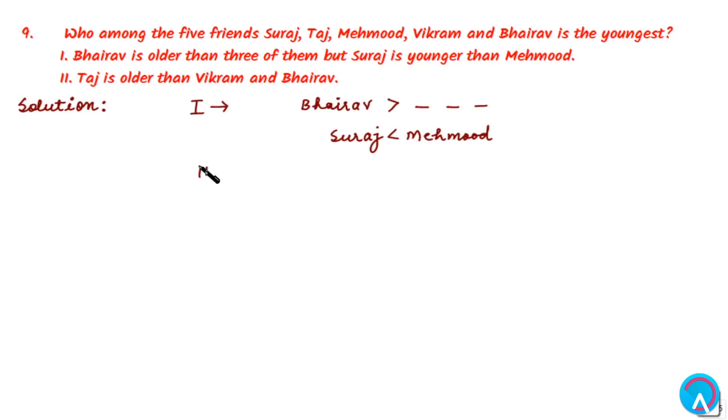Then let's move over to statement 2. From statement 2 we have Taj is older than Vikram and Bhairav. So this is Vikram and this is Bhairav.